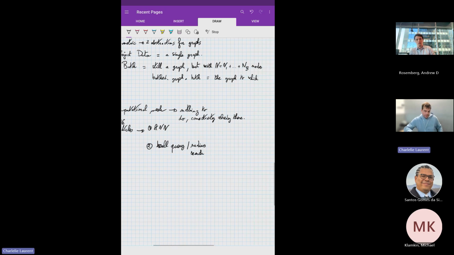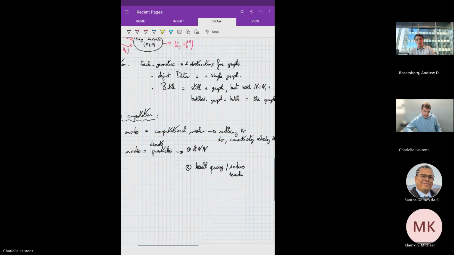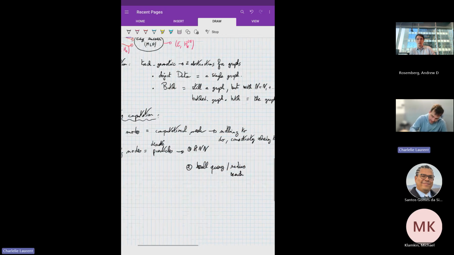So the advantage of using the KNN is that the very expensive part of the graph neural network is message passing. It's when you need to scatter the information across the nodes, so it's where the nodes actually exchange information through the edges. So the more edges, the more compute you need to do. The advantage of KNN is that the compute cost remains under control.